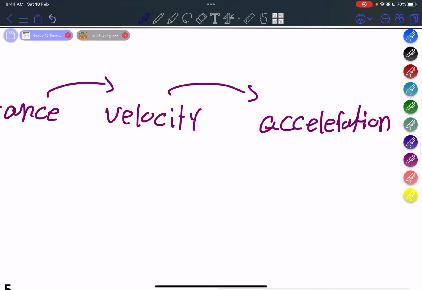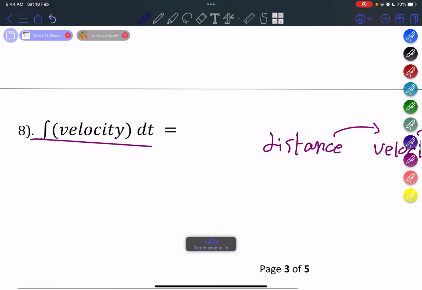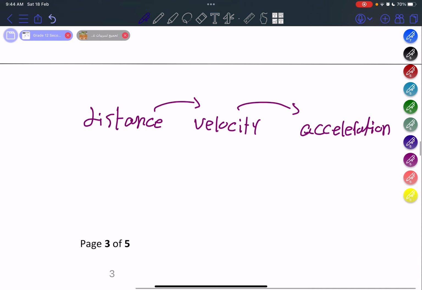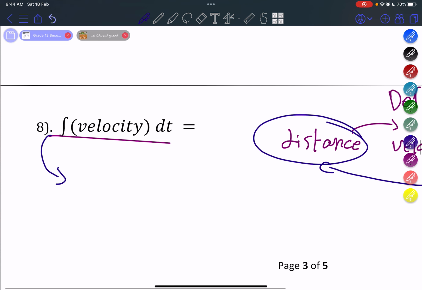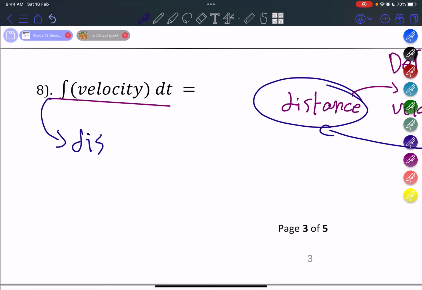But since we're dealing with integrals, we're going to move the other direction. So if we get the integral of acceleration, we get velocity, and if we get the integral of velocity, we get distance. Hence, the answer for question number 8 is distance.